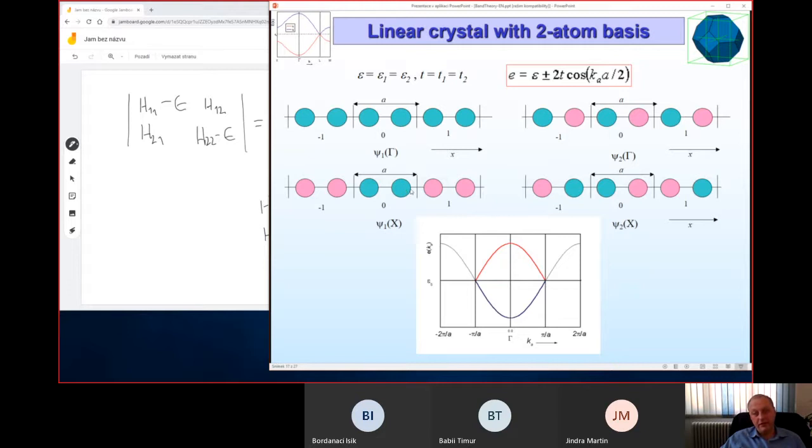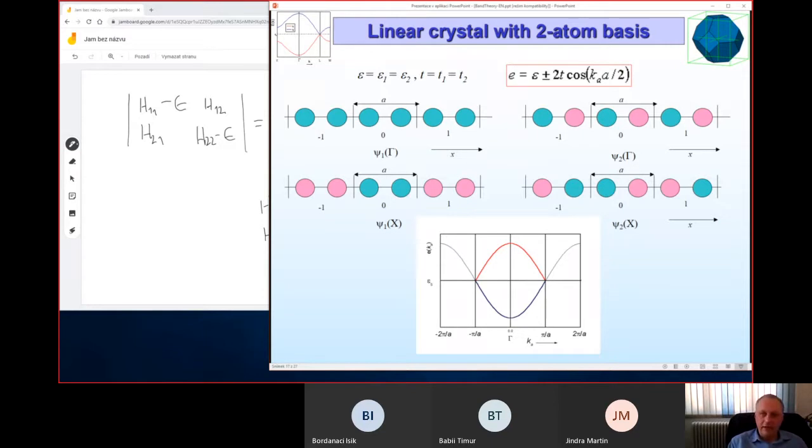So the resulting state is non-bonding, because we have plus-minus interaction, which is anti-bonding, and plus-plus interaction, which is bonding. So the bonding and anti-bonding interactions cancel, and we are at the original value of the energy of the atomic orbitals.